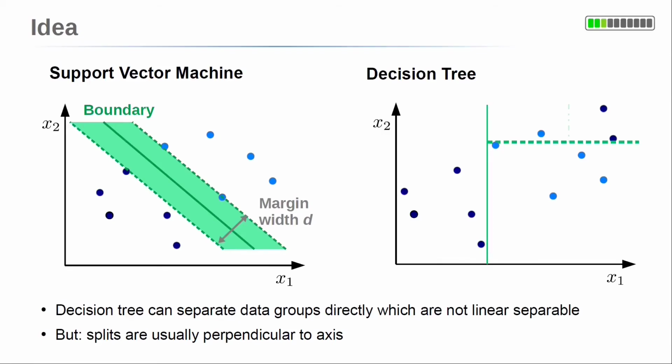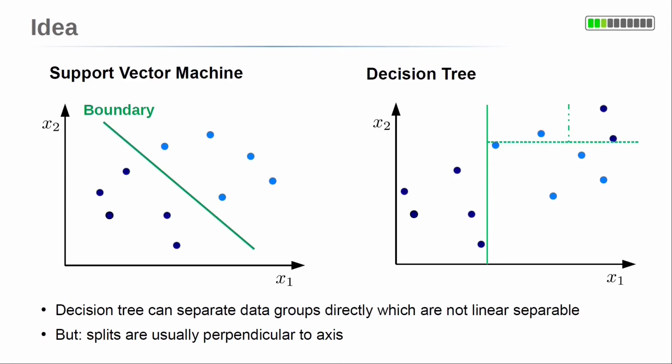Multiple splits at different locations can be used. The splits are usually perpendicular to the coordinate axis. This restriction limits the computational effort. On the left side, you can see an example where a non-perpendicular split would be more beneficial. Further, this example is linear separable. Therefore, here the support vector machine is perfect for this classification problem. In the next section, we will consider how to find the best split to build a decision tree.